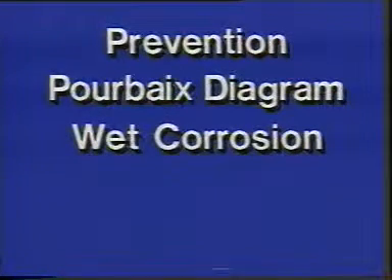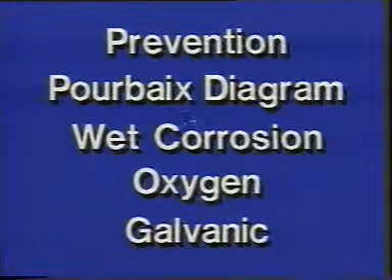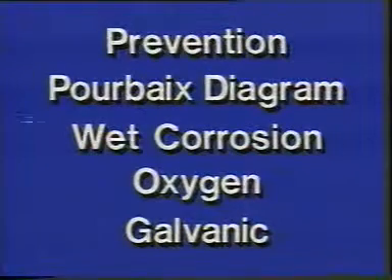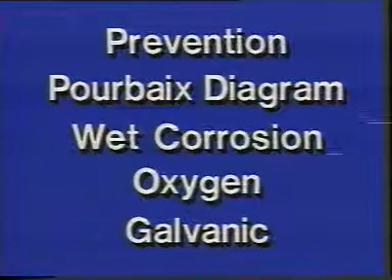Wet corrosion can also be termed solution corrosion, while dry corrosion may be termed compound formation. The Epstein experiment proved that without oxygen in an aqueous solution, corrosion cannot occur. A third type of corrosion, galvanic corrosion, occurs because members of the EMF series always become anodic to one another.